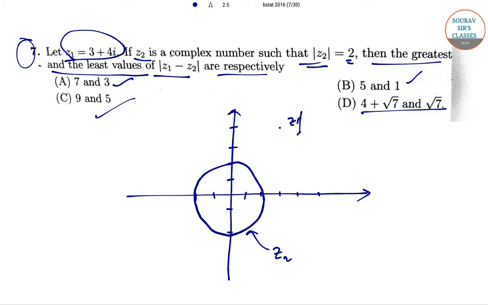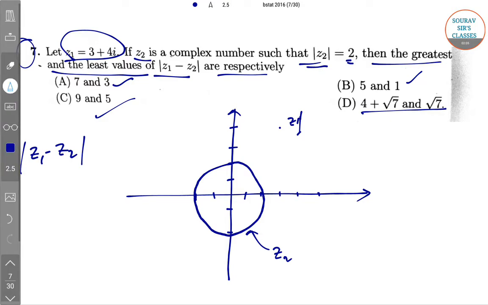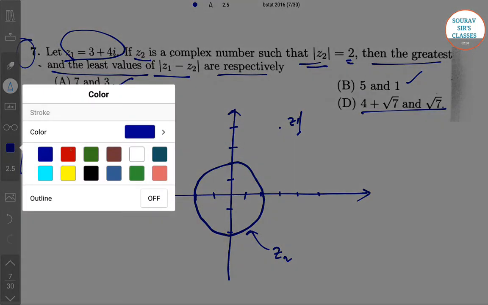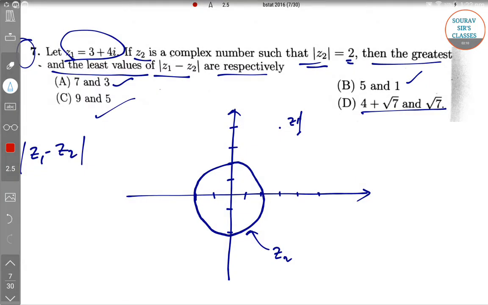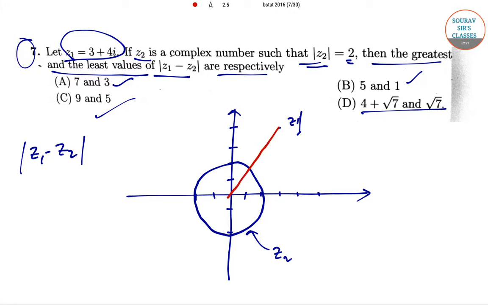Okay, so now we need to find the maximum value of Z1 minus Z2. To find the maximum value of this thing, we need to basically draw a diameter. We need to draw a line through Z1 which also passes through the origin, and we'll see what can happen.